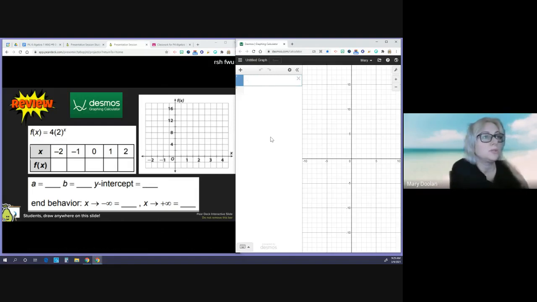You need to be real familiar with using the Desmos graphing calculator because I want you to use it on our test this Friday. And you can even use it on our test on Monday. You can use it all the time. It's a really good tool to be proficient in so you do well in your math class.